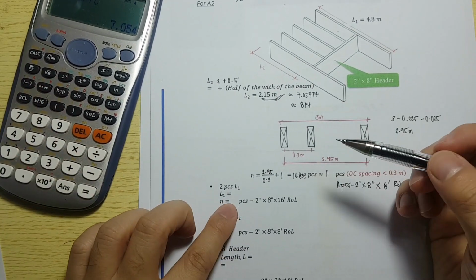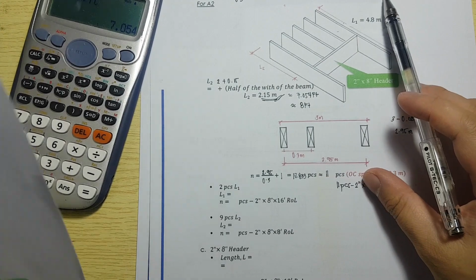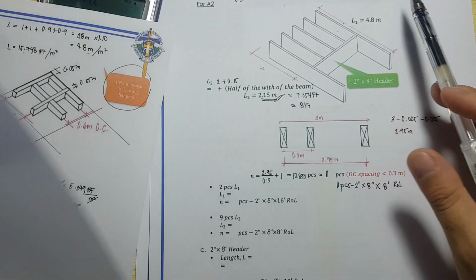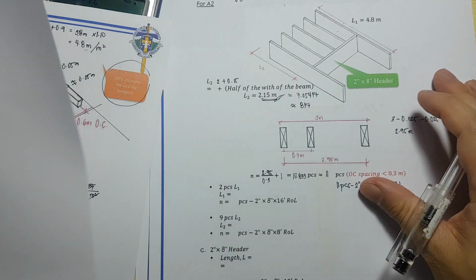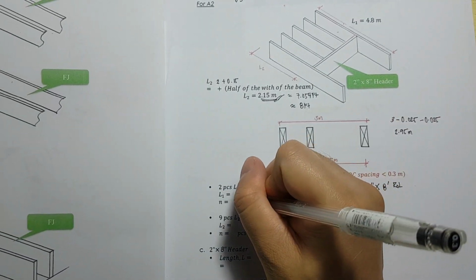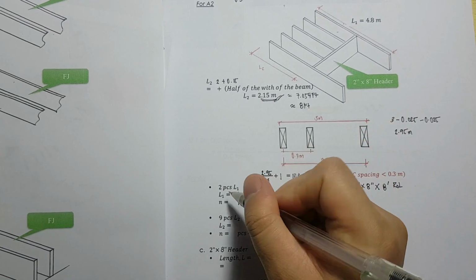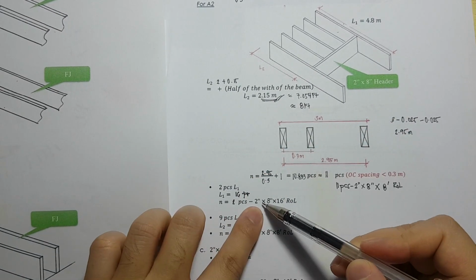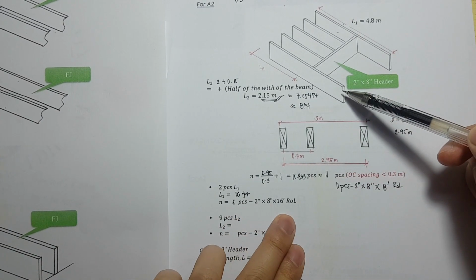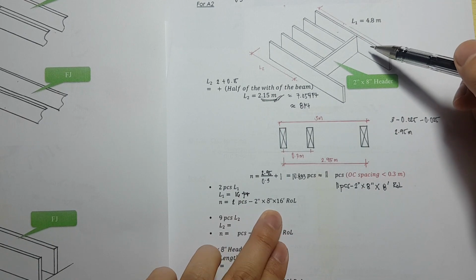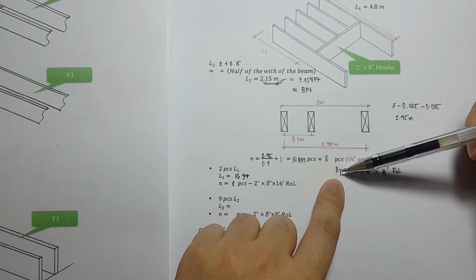So for our L1, yung katulad lang kanina, our distance would be 16 feet. Okay? So we are going to buy 2 pieces of 2 inch by 8 inch by 16 feet. So this is 1 piece of 2 by 8 by 16. This is 1 2 by 8 by 16. Okay? So ang na-compute natin dito is 11.